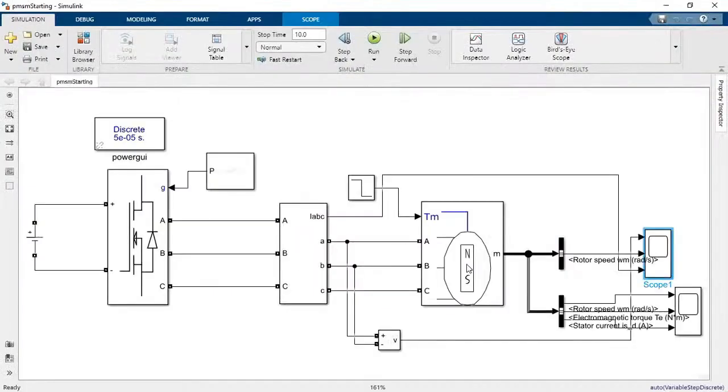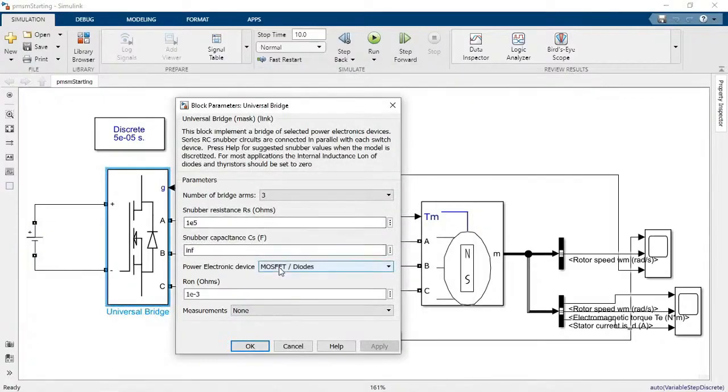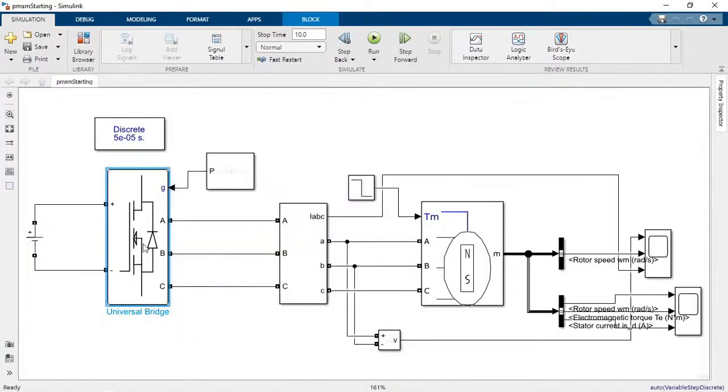See here, I have already developed this model, and I will explain each and every block. This is the DC voltage source, and this is a universal bridge. Here I used MOSFET, and the 3 legs are there. No need to change anything.